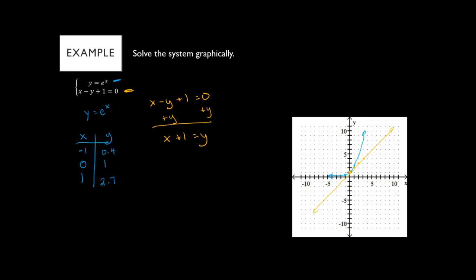My line doesn't even touch my initial dot. But I did get an overlap here. 0, 1 was on my blue graph, the e to the x, and it's on my orange graph because that's the y-intercept. So I know by hand, even though my picture is terrible, that the solution is 0, 1. And that just happens because I happen to get that same number on both when I was graphing.